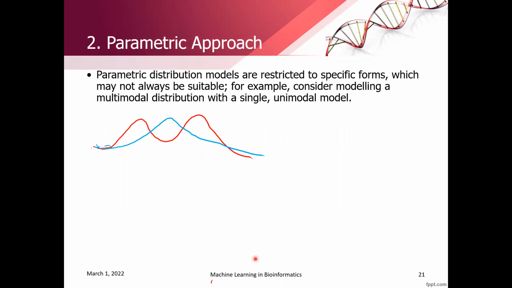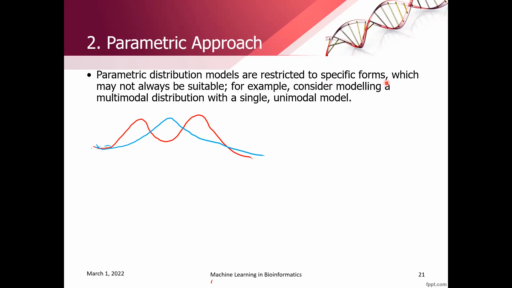Let us switch to the second part, to parametric approaches. For parametric approaches, we suppose that the distribution of the data can be modeled in some specific form. We suppose, for example, that the data is described by a given distribution. For the distribution, we need parameters which describe its exact form.